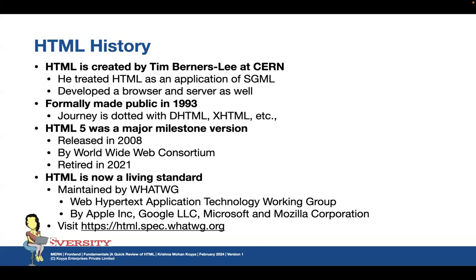It stands for Web Hypertext Application Technology Working Group. And this group is comprised of Apple, Google, Microsoft, and Mozilla Corporation. To know the actual specifications of HTML, this is the link which can help us. Okay, this is the brief history.